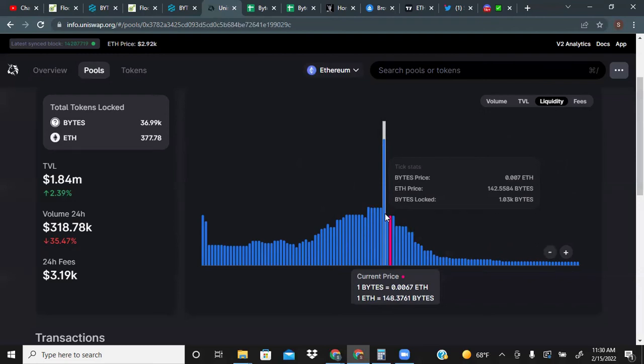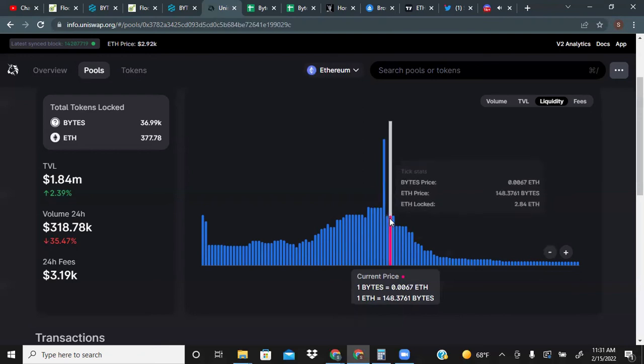And just to touch on the short range liquidity pool, it does increase your impermanent loss. So let's go over what impermanent loss is. Impermanent loss is simply the amount of money that you could have made if you just held the asset itself.